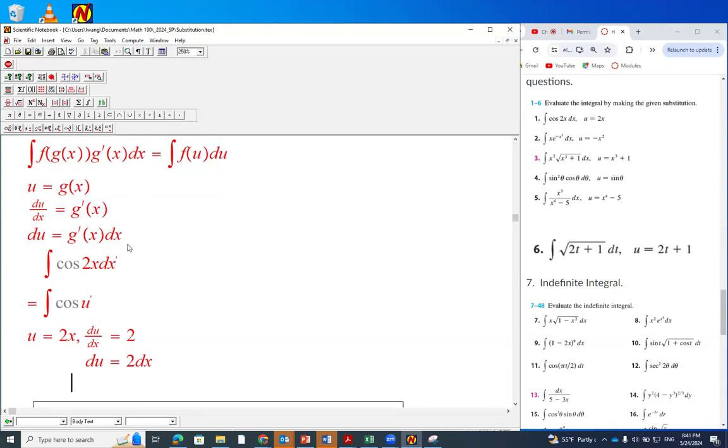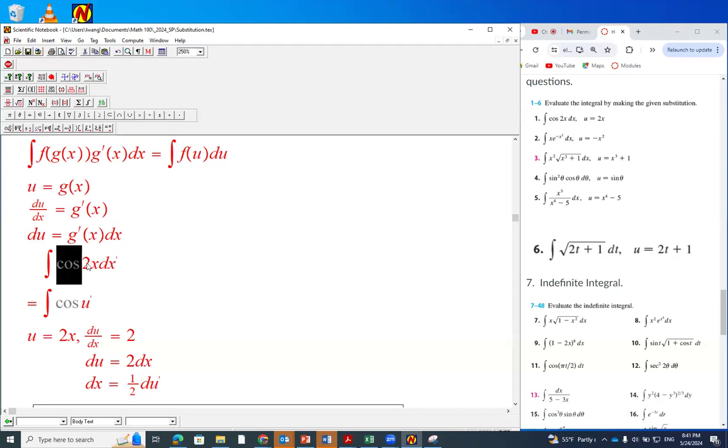Because we want to have du in our next expression, dx equals half du. So in this part, as we're substituting everything in terms of u, we can write cosine u, and dx will be replaced by half of du.